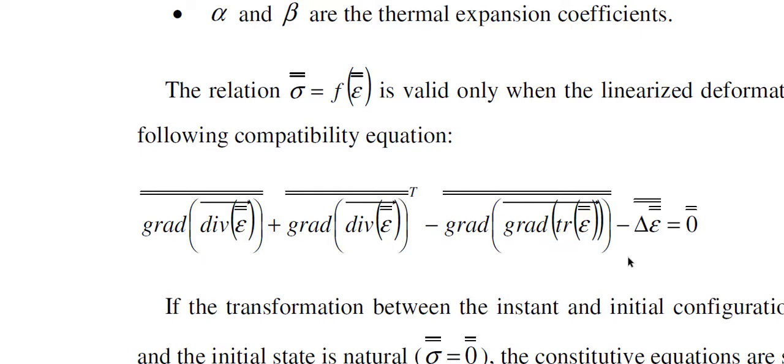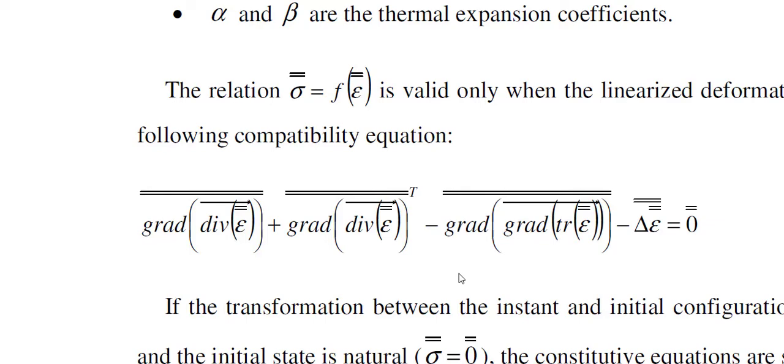It's to note here that in our example, it's not necessary to check that the linearized deformation tensor epsilon verifies the compatibility equation in order to state that epsilon is kinematically admissible. Why?